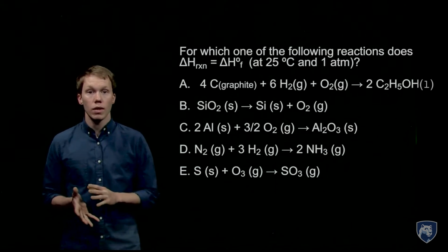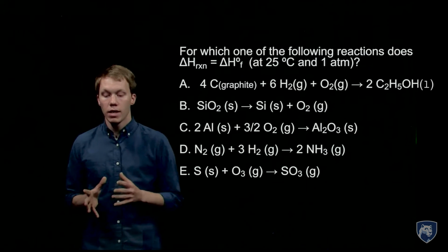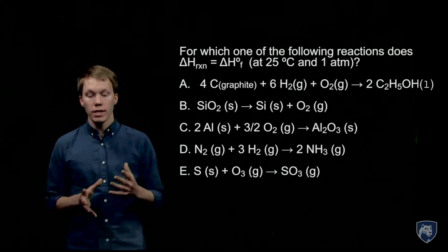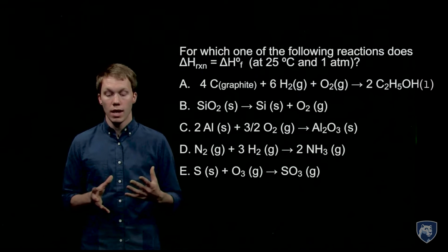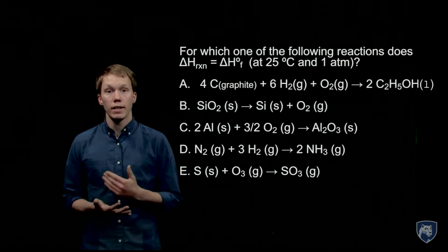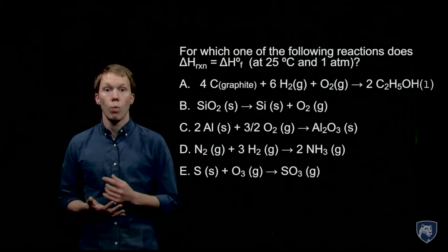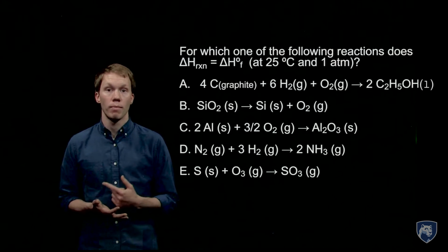Now, let's look at each response and talk about why it is or is not the correct answer. In A, we have carbon in the form of graphite reacting with hydrogen and oxygen gas to produce ethanol. And in this case, remember the definition is delta HF is when 1 mole of a product is formed from pure elements.